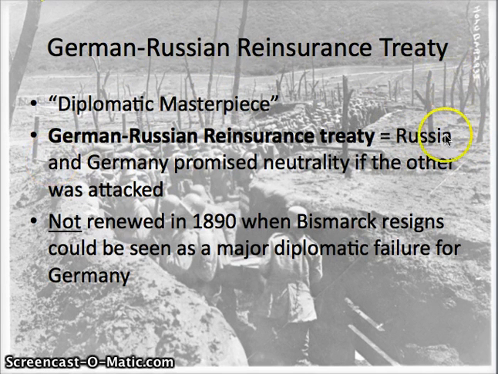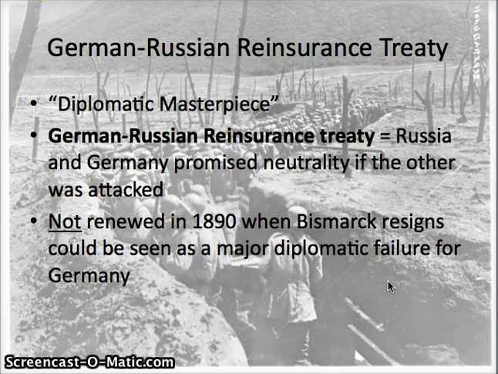Okay? If Austria attacks Russia, then Germany is not going to come and aid Austria. So it's Bismarck's way of having an alliance with Austria, but also ensuring Russia that this doesn't mean that it's going to support Austria if Austria ultimately attacks Russia.